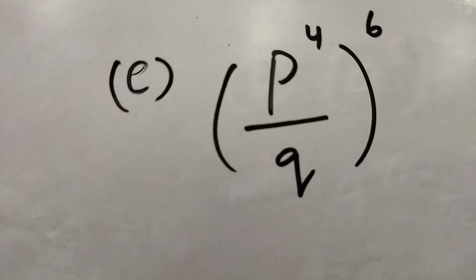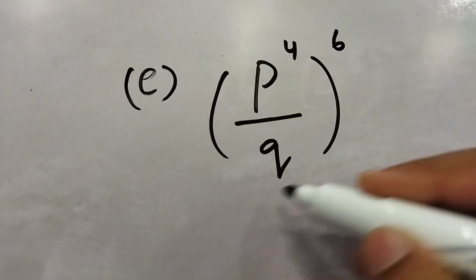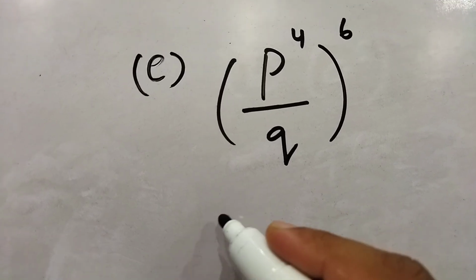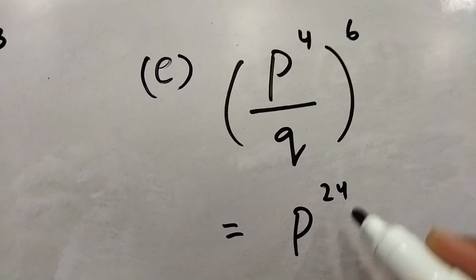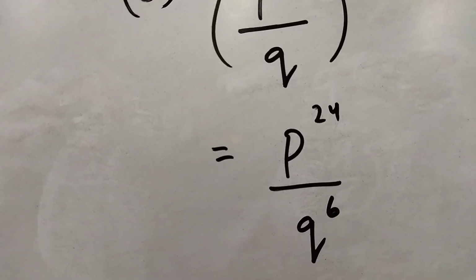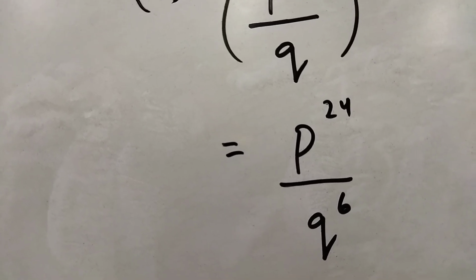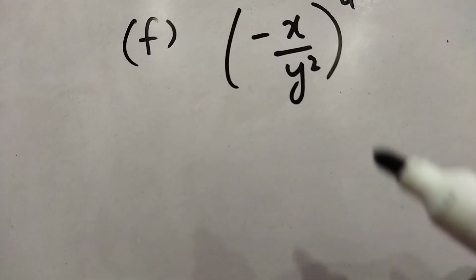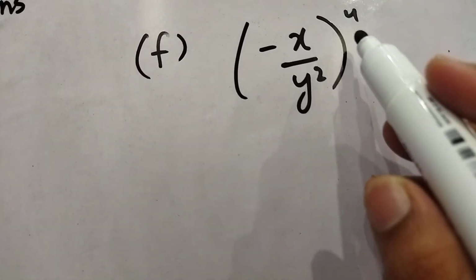Similarly, question number E, that is p^4 upon q raised to power 6 as a whole. So p^4 into 6 is 24 and q as 6. This is the answer. Right, students? So simple, so easy. Just need to focus. And last of all, of this basic level, we have a question minus x upon y square as power 4.